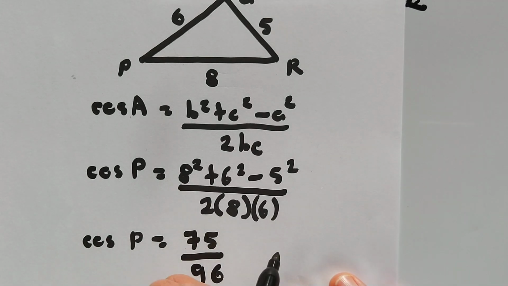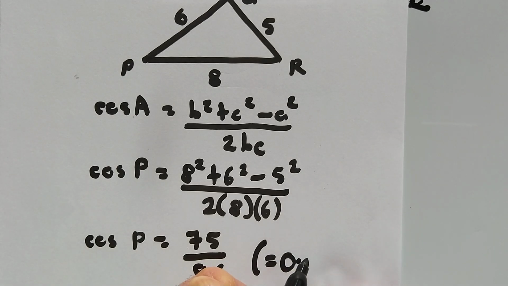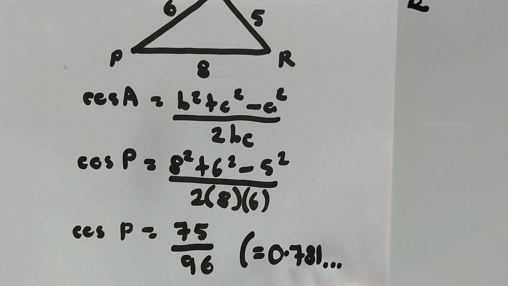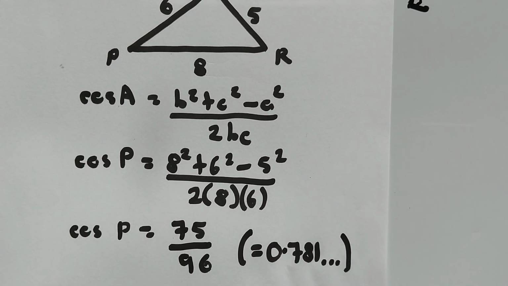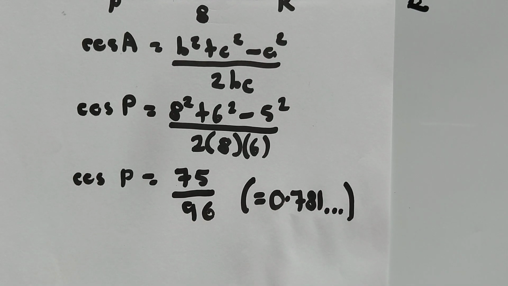At this point, if you wish, you can divide them and write down the decimal you get, 0.781. I'm not going to round off, so I'm just going to put dots and so on, because I only round off at the very end, as we've said before. So, final step, reach for my trusty calculator.